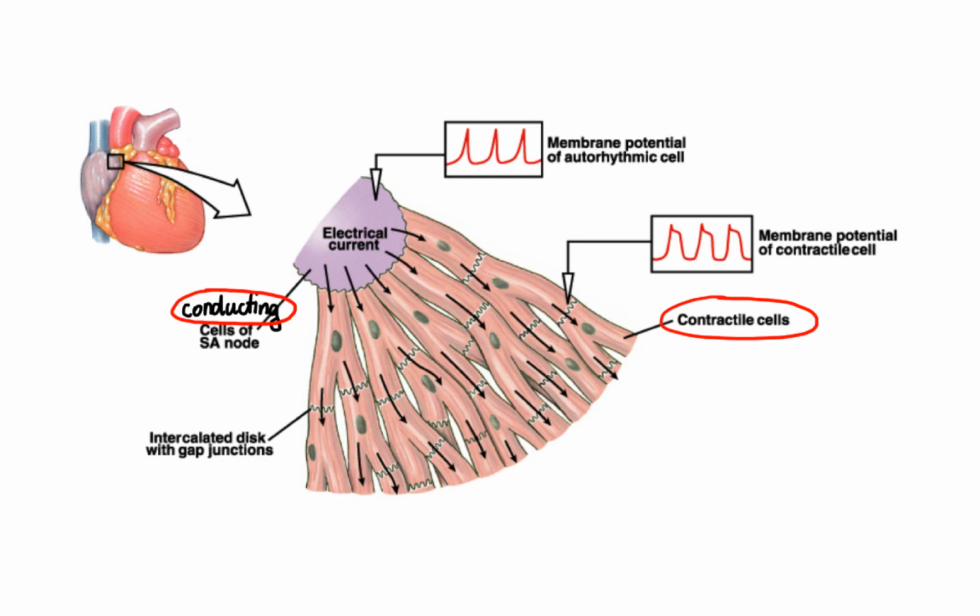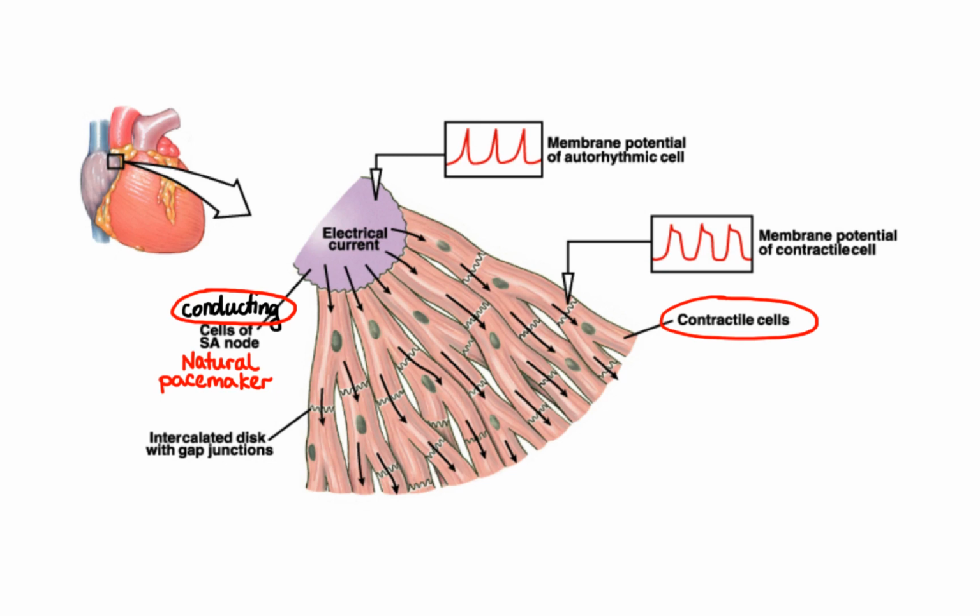Now, normally, the SA node reaches threshold potential the fastest, which is why it serves as the natural pacemaker of the heart. When the SA node drives the heart rate, the cells of the AV node, bundle of His, and Purkinje fibers do not express automaticity, or in other words, their spontaneous depolarization is suppressed.